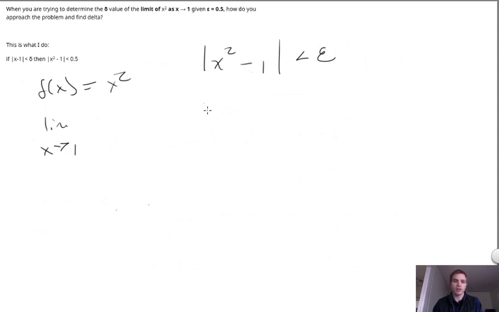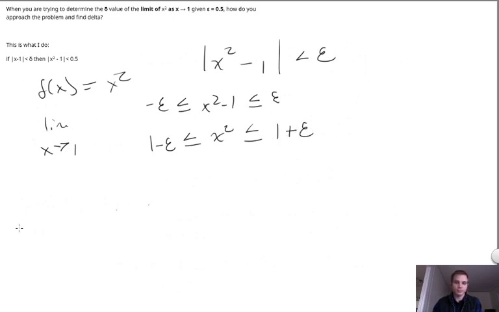And then that means x squared minus 1 is less than epsilon, and this is less than negative epsilon. That's by the definition of absolute value. Then we add 1 to both sides, so we get 1 minus epsilon is less than or equal to x squared, which is less than or equal to 1 plus epsilon.